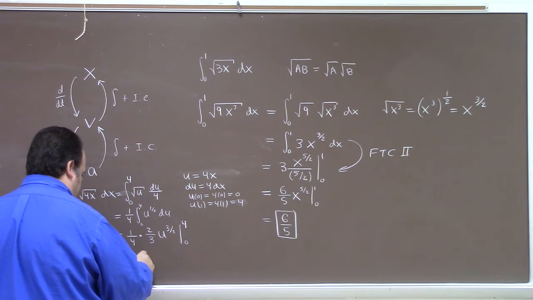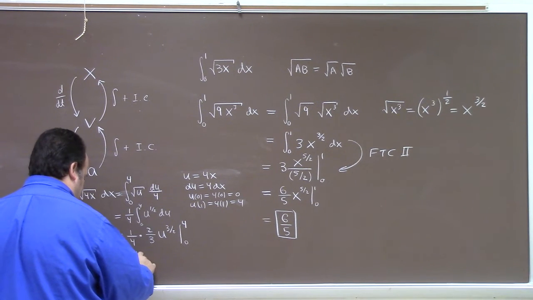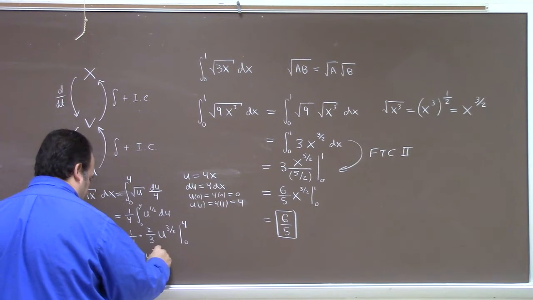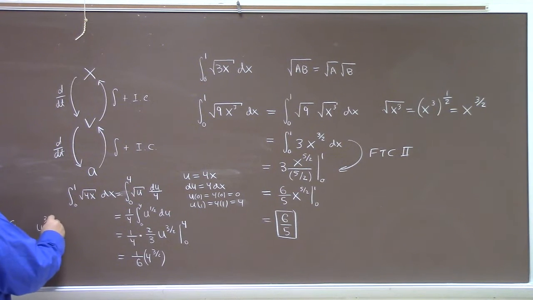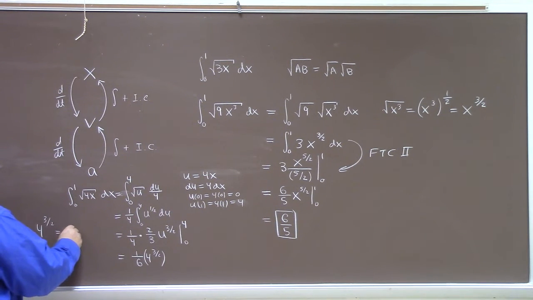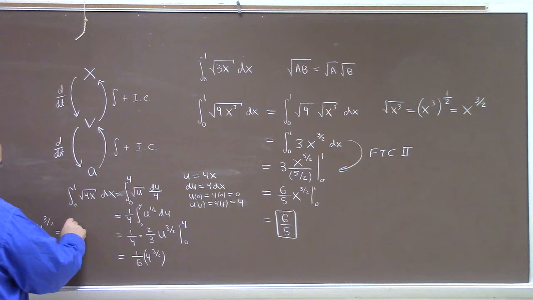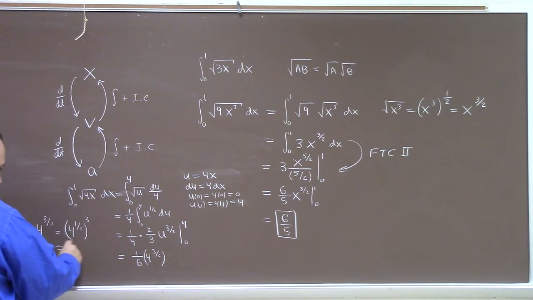So that gives me like 1/6, 4 to the 3 halves power. 4 to the 3 halves is 4 to the 1/2 to the 3rd, which is also known as 2 cubed, which is also known as 8.